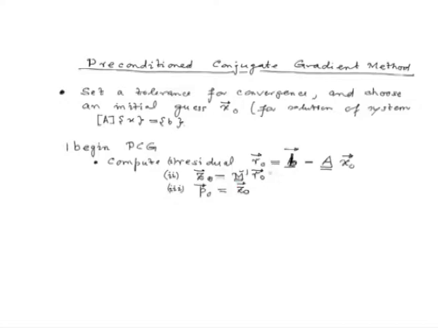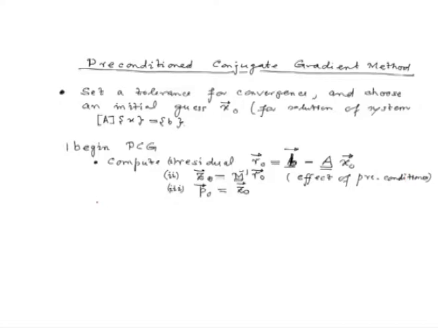So, M inverse R0, basically this represents the effect of the preconditioner, and then we will introduce a vector which we call P0, which is related to search directions. P0 is equal to Z0, that is what we are going to initialize.